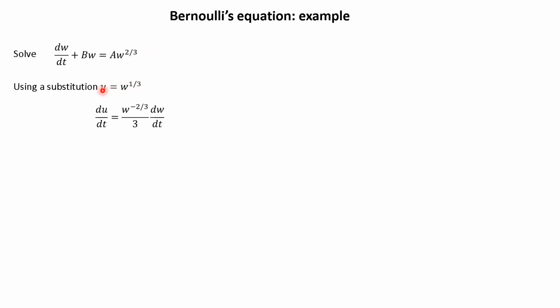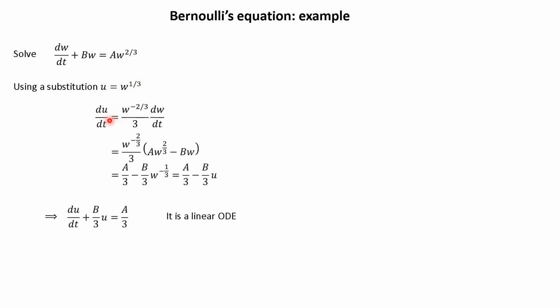With this, just take the derivative and convert the equation, the same procedure as on the last slide, and you realize that the ODE in w becomes an ODE in u, which is of course a linear ODE, and then you just use the integrating factor. So what kind of variable substitution we use really depends on a case by case consideration.